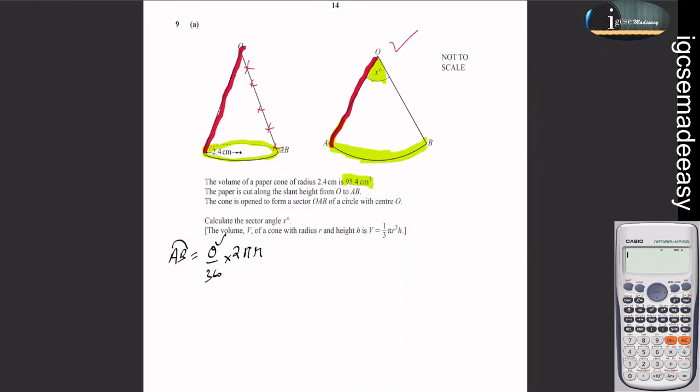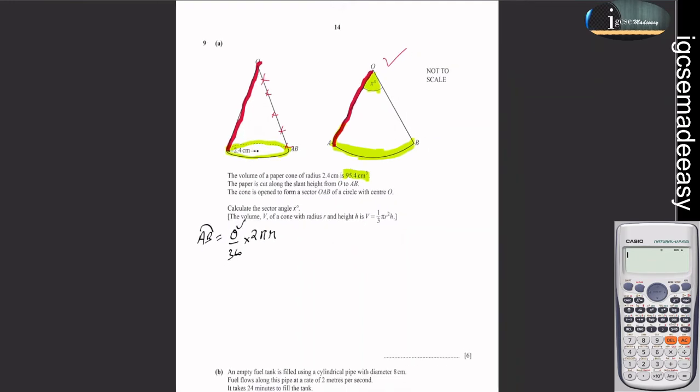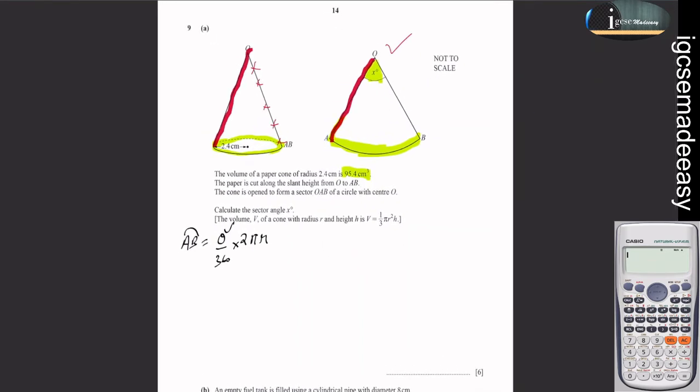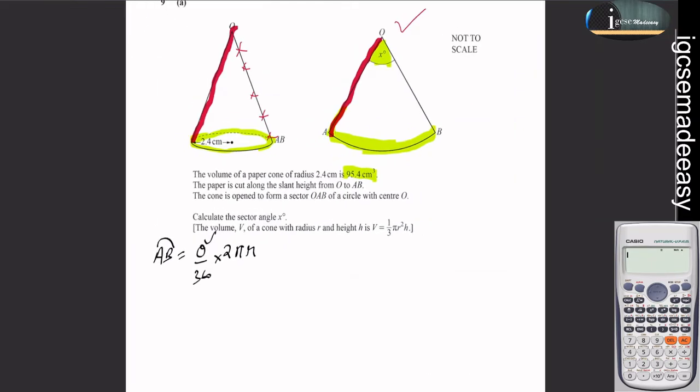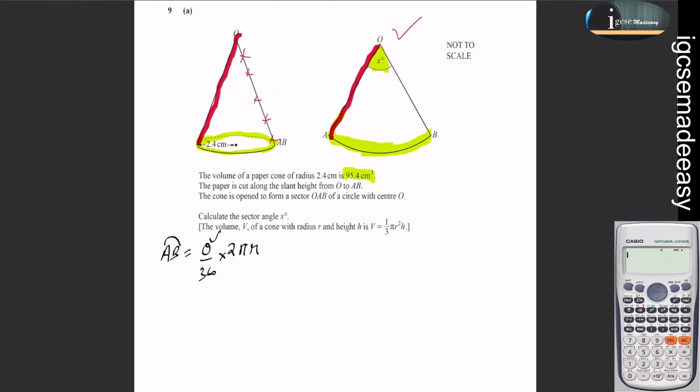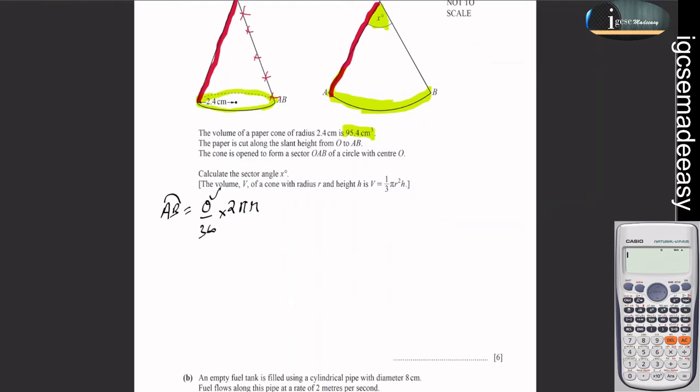So let's first find out, using the arc length, the radius.